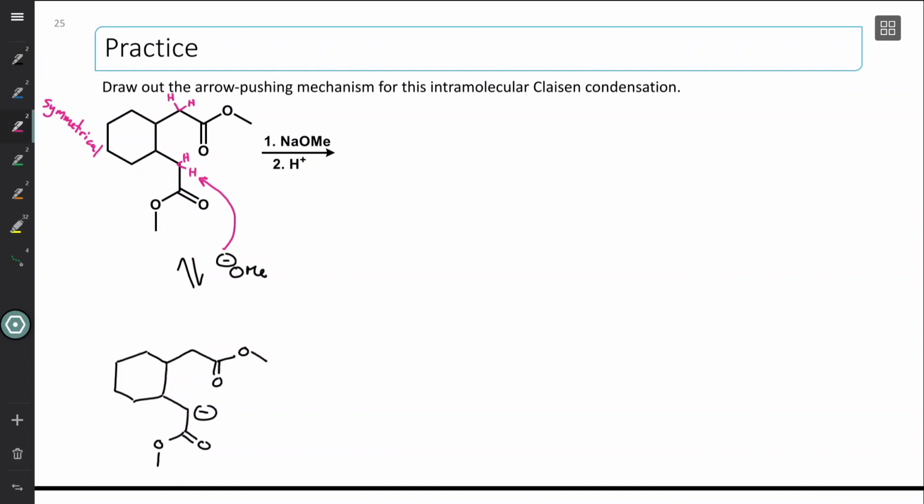Okay, so then now I form this enolate. It's going to attack the second ester. And let's make the tetrahedral intermediate.